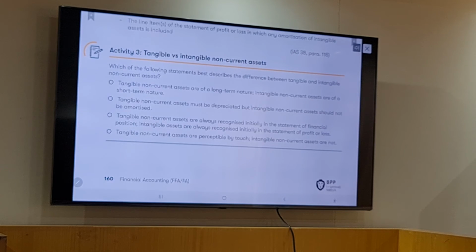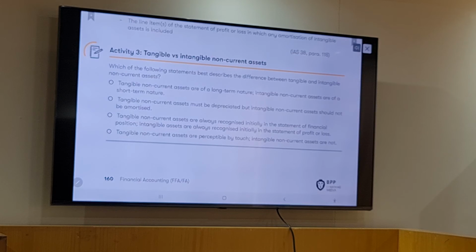Three or four? Maybe define tangible and intangible assets. Answer this. I know number 4. Shouldn't it be 3? Tangible non-current assets are always recognized in the statement of financial position.